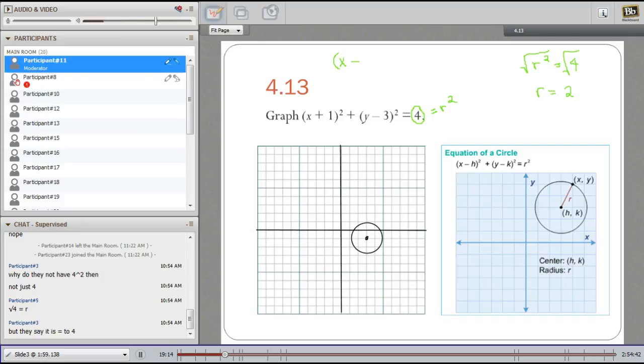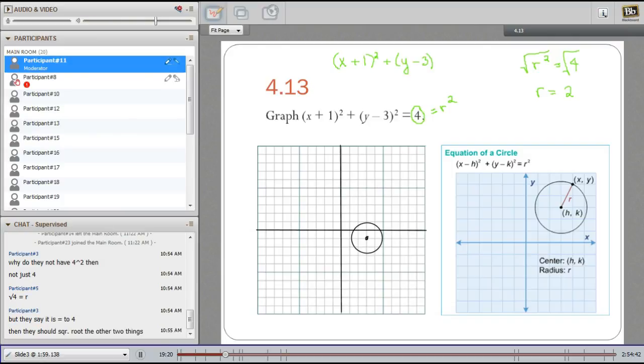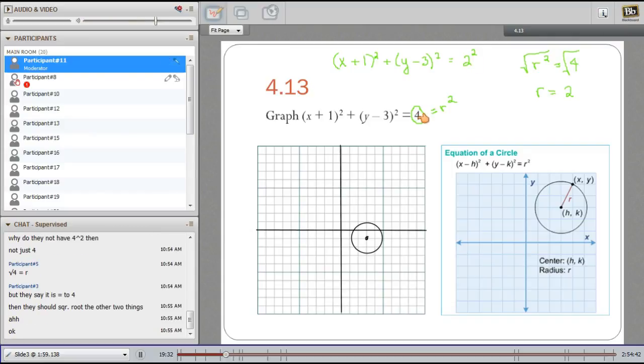If you were going to write this, you could write it like this. I think this is what you're thinking of right now, Tristan. You would write that as 2 squared. So 2 squared is the same as 4. Yeah, see, I knew that's what you were thinking.